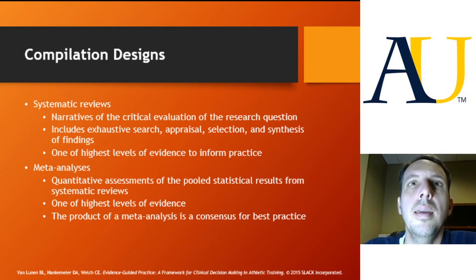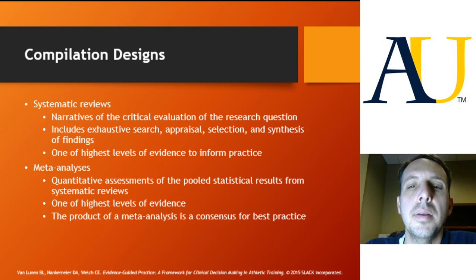But the new data for a systematic review or meta-analysis does not come from new participants, but from previously reported literature. So systematic reviews go through their methodological process to include the specific research appropriate for their topic or research question, and then try to synthesize those findings into main outcomes.